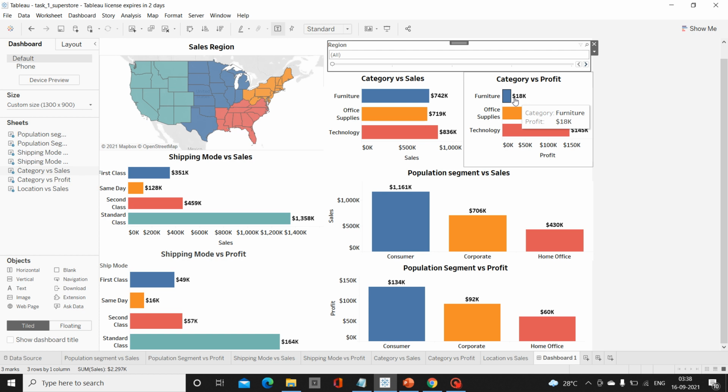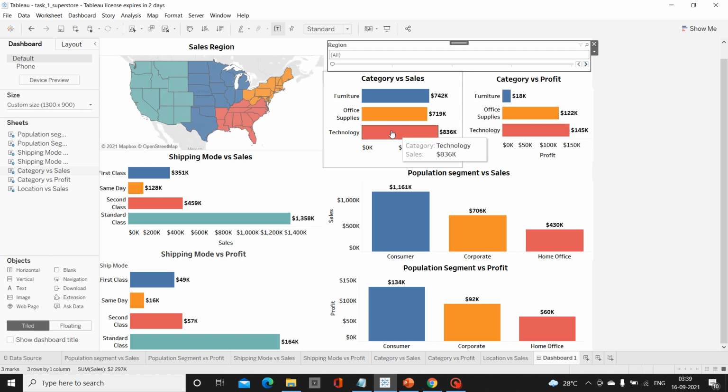So we need to find a way to increase the sales of furniture so that it could compensate the low profit and would result in increase in profit. Or we could find a way to reduce the capital invested in furniture, which would help us to improve our profit.